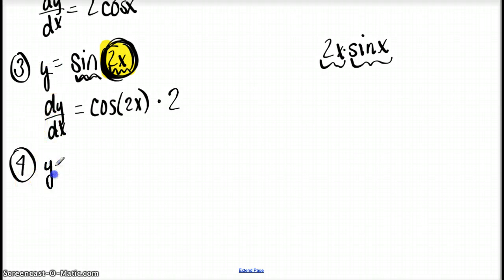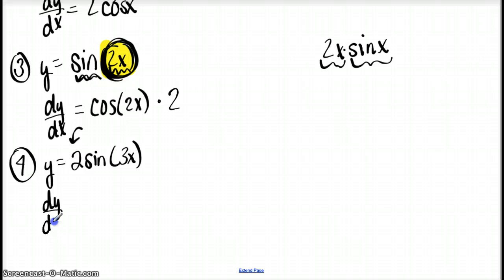So what if I told you to find the derivative of 2 sine of 3x? What's this 2 going to do? It's going to stay. Now what I look at is this piece, right? This piece has embedded in it a 3x. I don't care about this right now. I care about this outside piece.